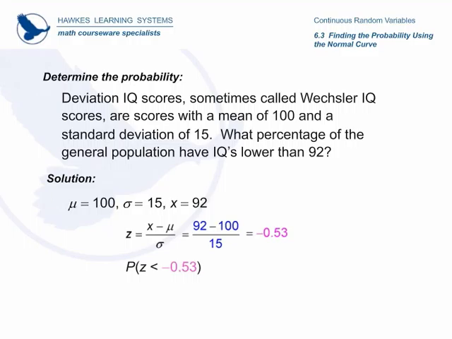And that would give us a probability for a z-score less than negative 0.53, which equals 0.2981, or 29.81%. So when we answer the question, what percentage of the general population have IQs lower than 92, we see that 29.81% of the population have IQ scores lower than 92.